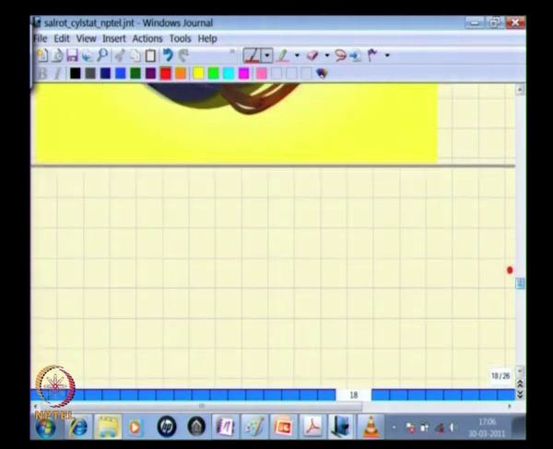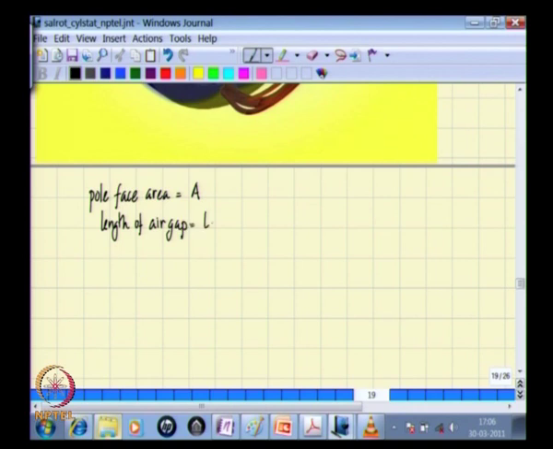So, let the pole face area be equal to some A, then let the length of air gap equal Lg, then the reluctance of the air gap is equal to Lg by mu naught into A.